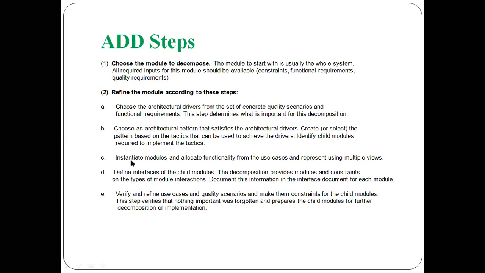Coming to the third point. The third point is initiate modules to allocate functionality from the use cases and represent using multiple views. Now we are going to take the functionality, draw the use case diagrams, and show the function of each and every actor there.